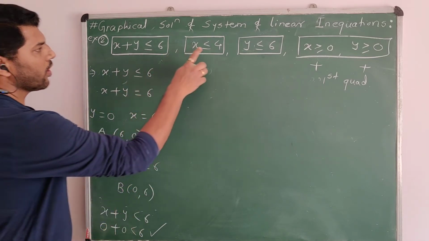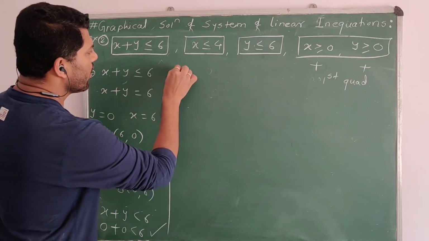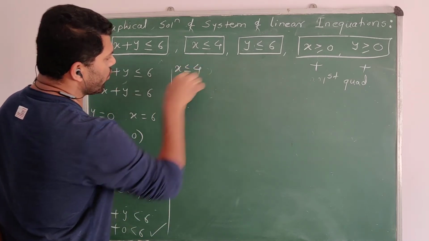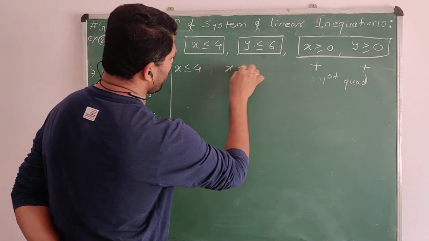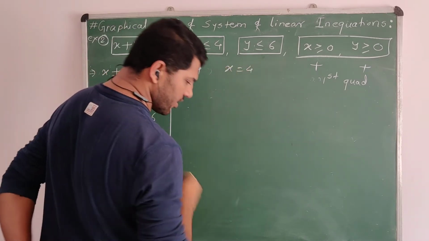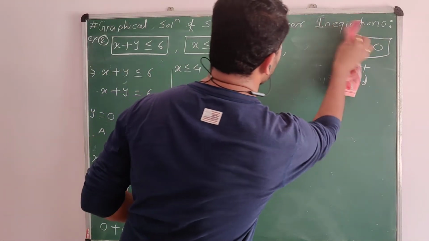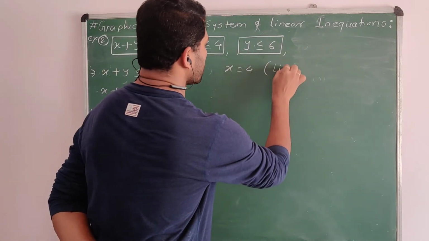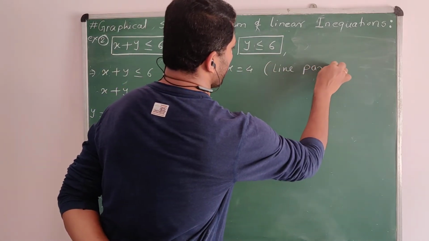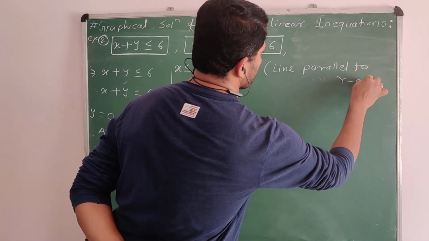Now what about the single variable inequations? x is less than or equal to 4. Convert this into an equality, x equal to 4. As we already discussed, x equal to 4 is a line parallel to the y-axis. That's all.